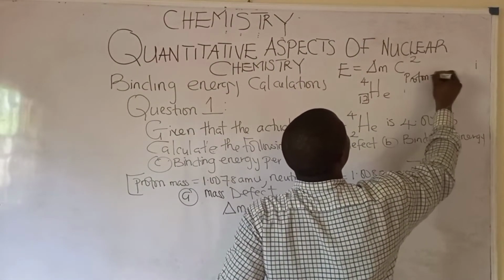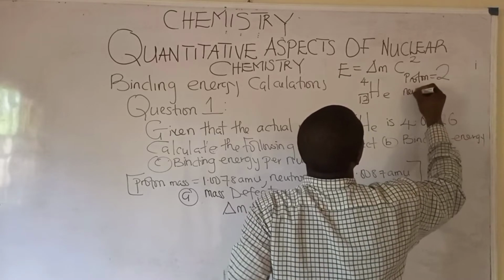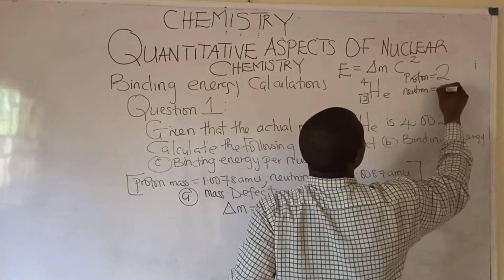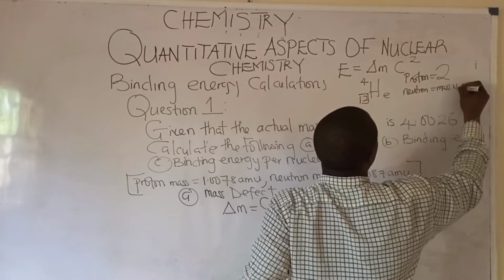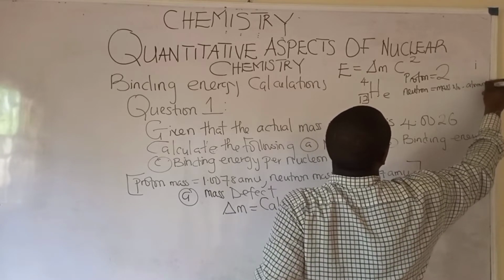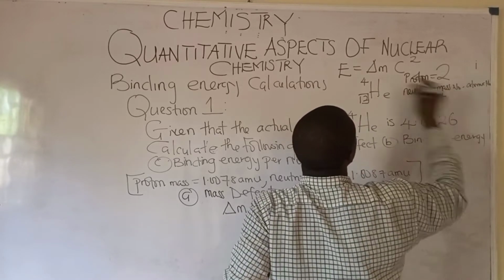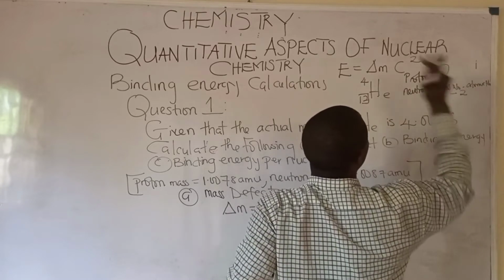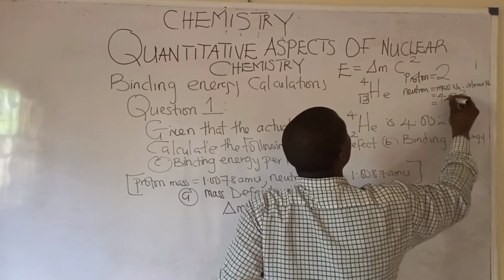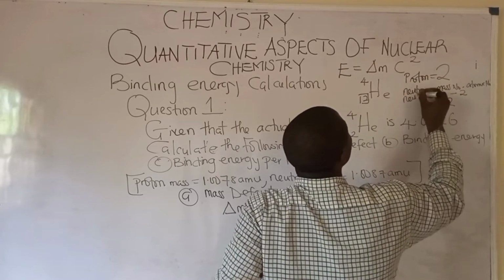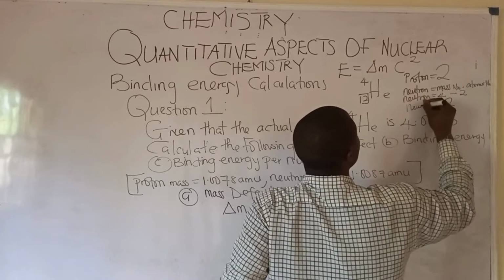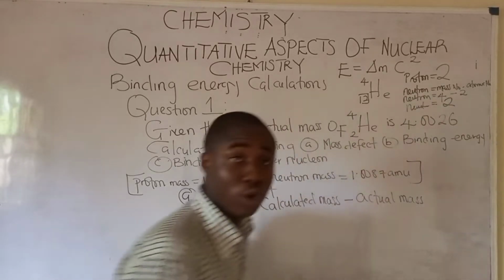So how do we calculate neutron number? Neutron number is calculated by mass number minus atomic number. What is the mass number? The mass number is 4, and what is the atomic number? 2. So what is the neutron number? 2. So the neutron number for this same helium atom is 2, whereby the proton number is 2.